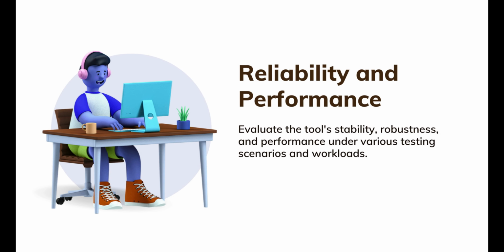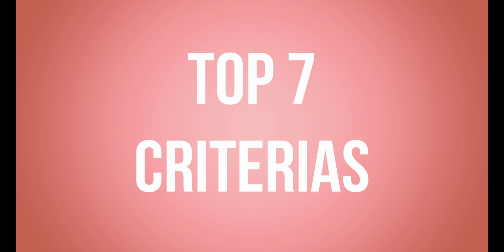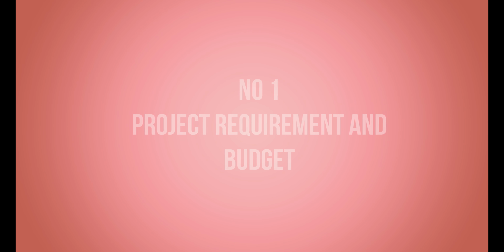Apart from these seven criteria, which are the top seven criteria we must consider while selecting the testing tool, there are many other criteria like project requirement and budget. We need to check about that. Is there a need for automation testing?